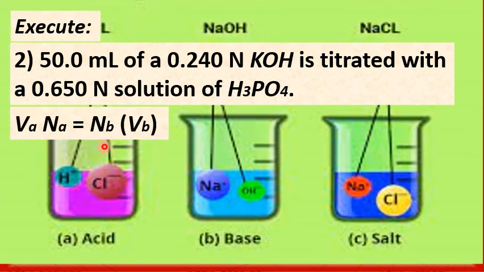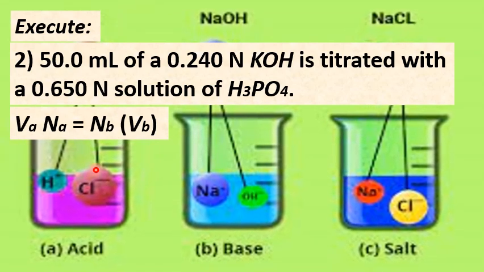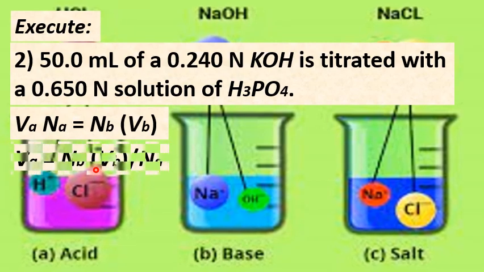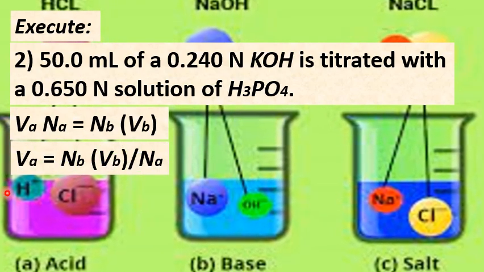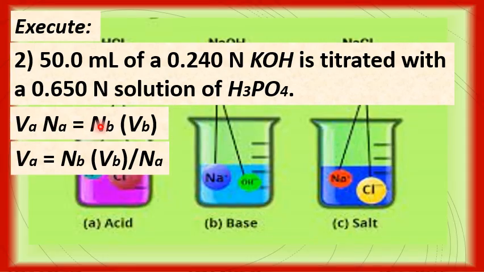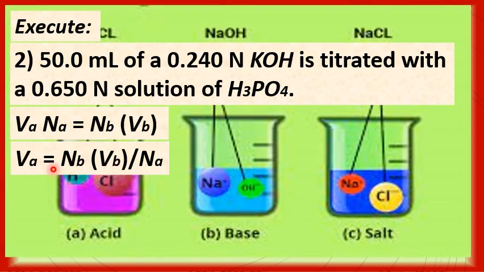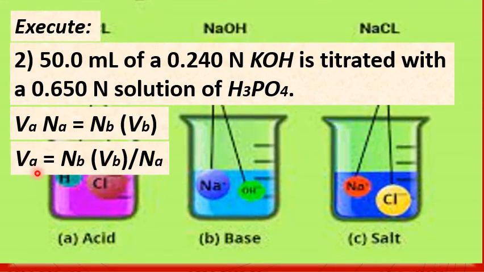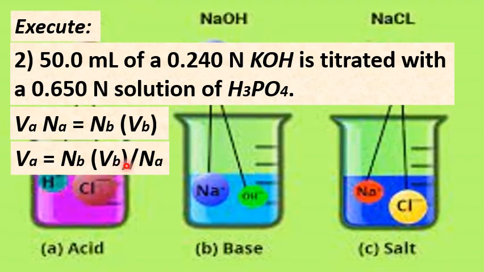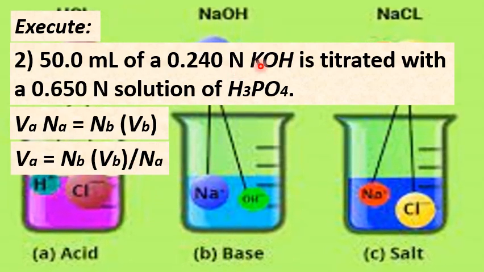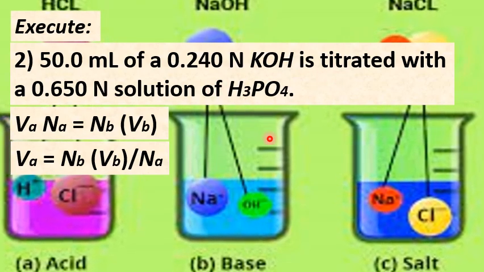And since what we are going to calculate is the volume of the acid, phosphoric acid, so that is V sub A, we just isolate it, and this is the working formula for finding the volume of the acid required for the two solutions to be neutralized.